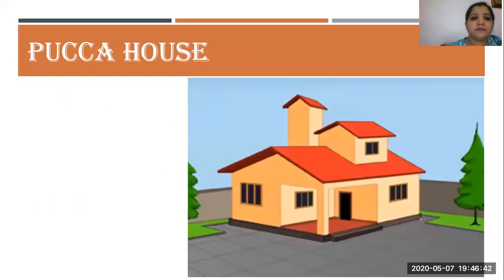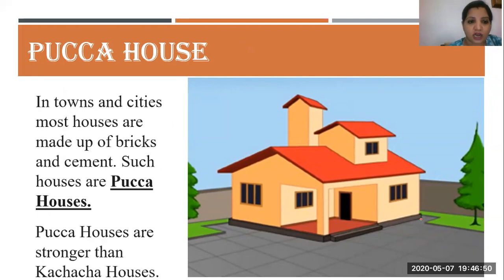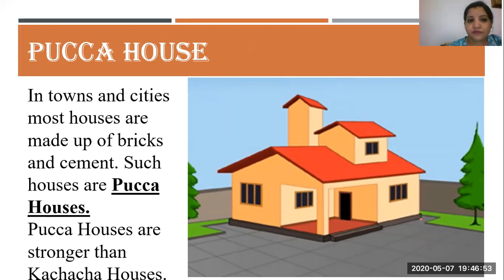Then the next one is pakka house. As seen in the picture itself, you can understand that this house is strong as compared to the kacha house. These types of houses are seen in towns and cities, and they are made up of what, children? They are made up of bricks and cement.